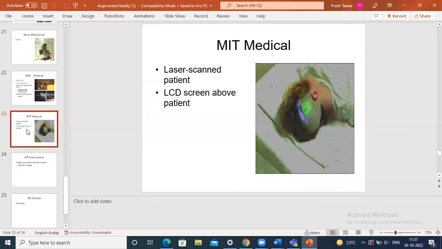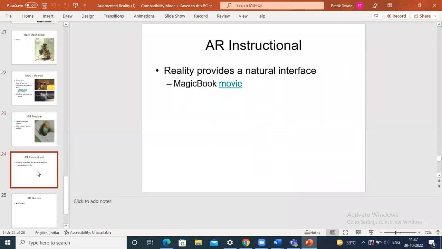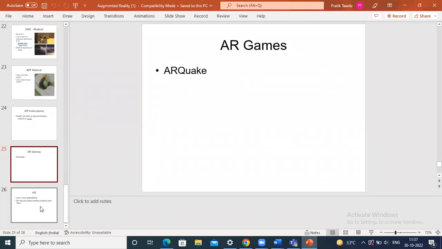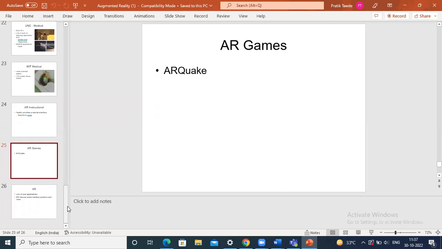These are actually already developed practicals, but using AR and VR, it would be more beneficial and attractive. Laser scan patient and LCD screen above patient. AR instructional reality provides a natural interface. AR games, AR Quake. This is also one of the important technologies or games which was implemented.